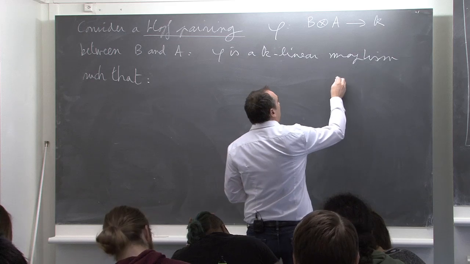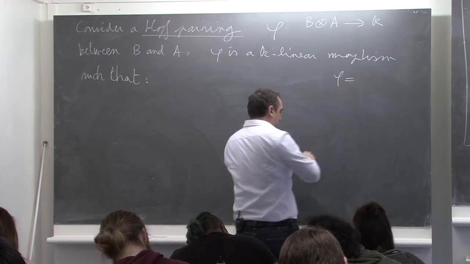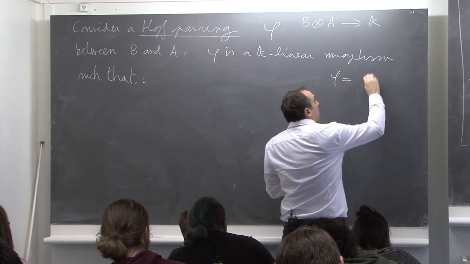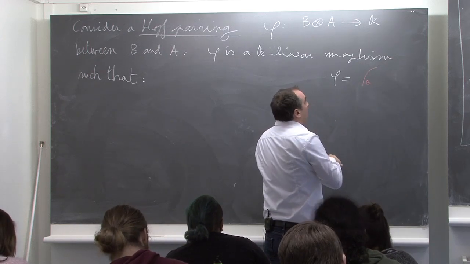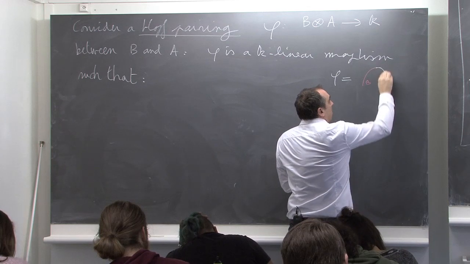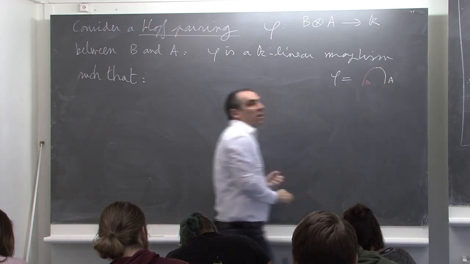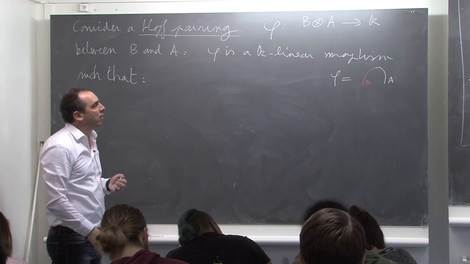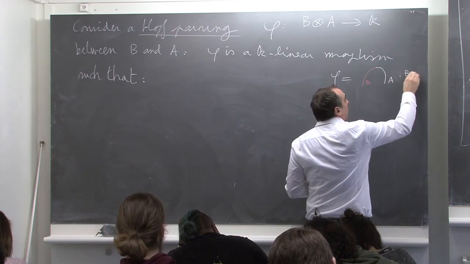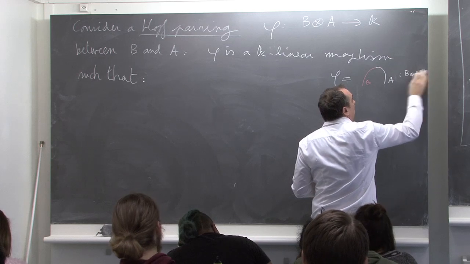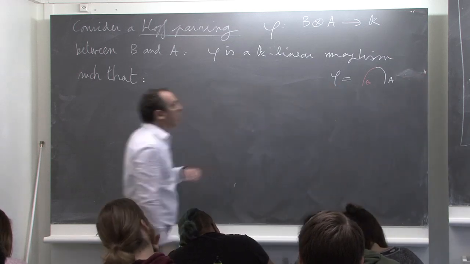If I denote phi like this, B is for red and A is for white. B tensor A.